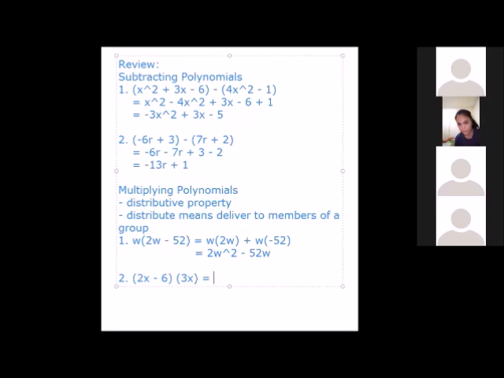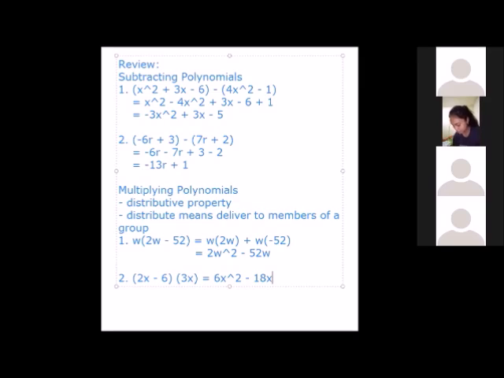Lou, Anna Lou, can you share us final answer maybe for this? 6x squared. Yes, you got it right. Lou has shared us 6x squared. That is from 2x times 3x. Jude, can you continue, please? And negative 18x. Yes. So 6x squared minus 18x.